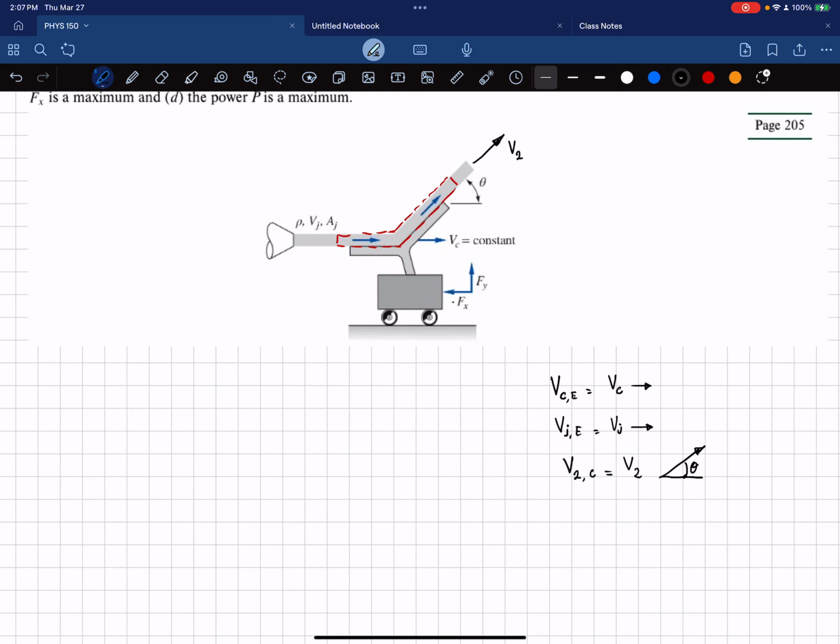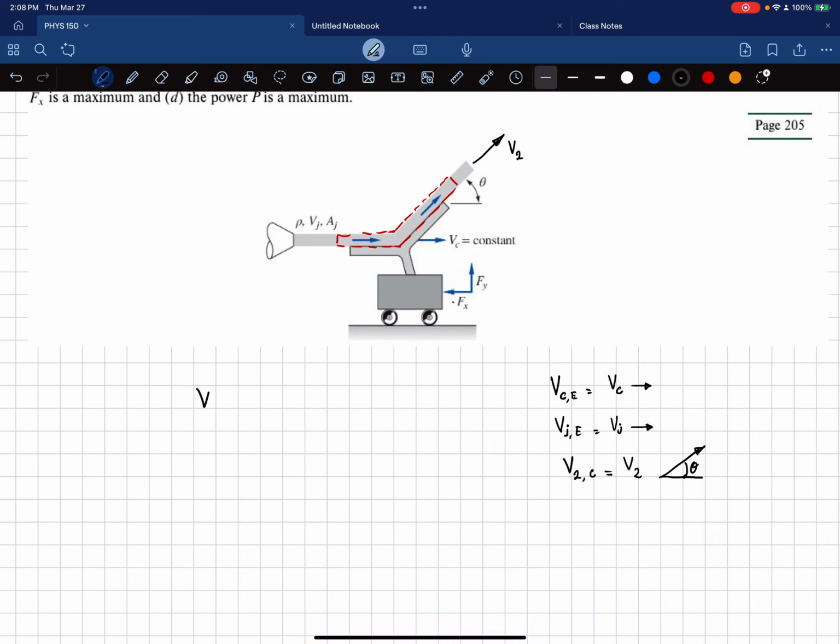You would be able to calculate the relative velocity of the jet with respect to the Earth if you use the relative velocity equation. So our first task is to find the velocity of the jet with respect to the cart.